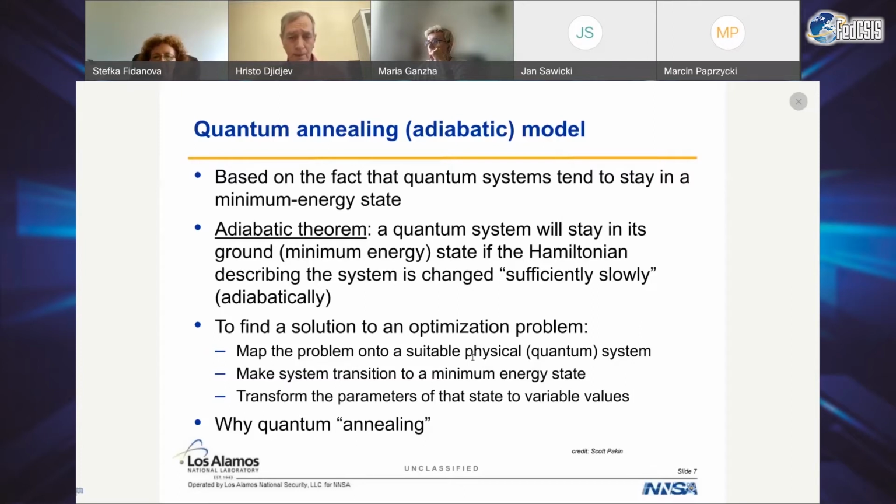And if this transition is done sufficiently slowly, then the final system will also be in a minimum energy state.